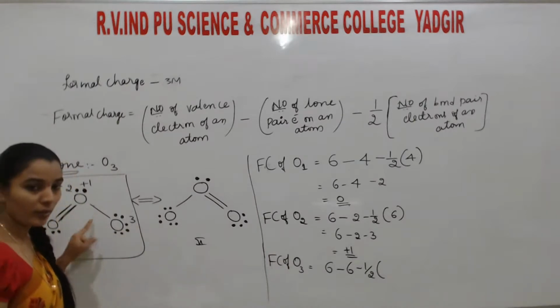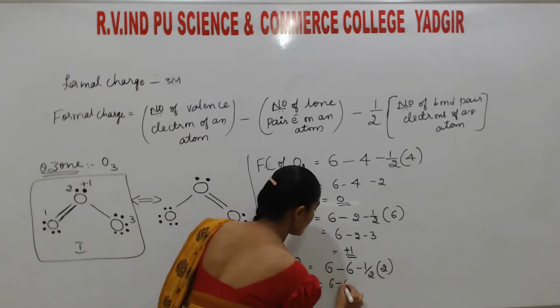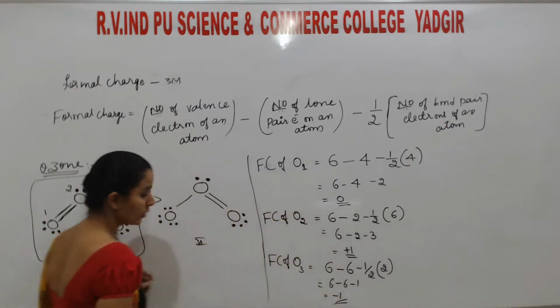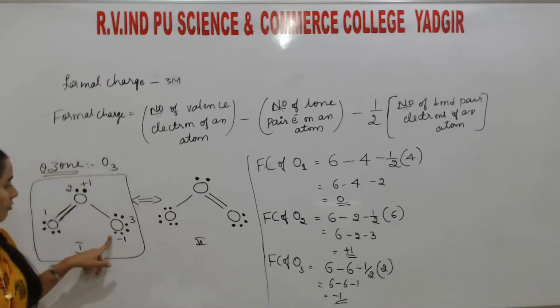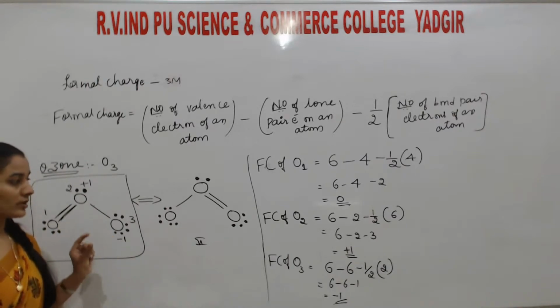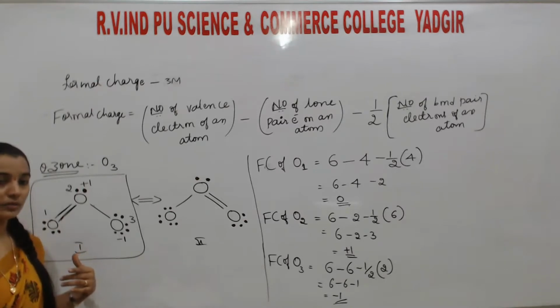One bond means only 2 electrons. So that is 6 minus 6 minus 1. The formal charge is minus 1. So on oxygen atom 3, the formal charge is minus 1. This is how to assign the respective formal charge for the atoms.